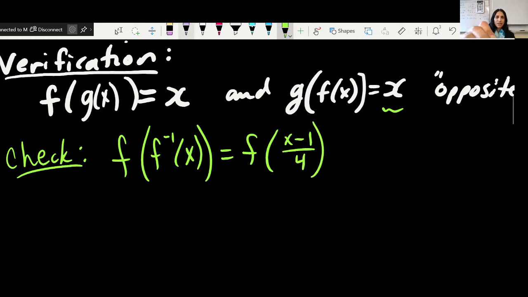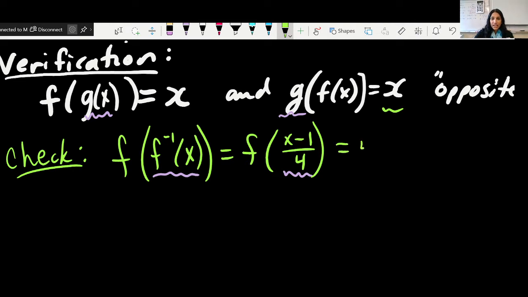But basically I'm just saying this part is just this part, or what I call g of x up here. Are we good with all the swapping and substitution of this notation and what I'm referring to it as? Okay, so then I'm wanting to plug this x minus 1 over 4 into our original equation, which was 4x plus 1.